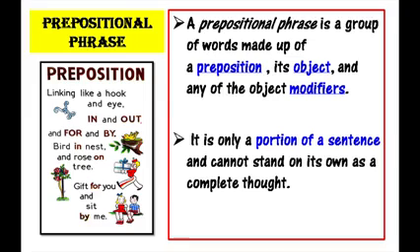So, a prepositional phrase is a group of words starting with a preposition. It often functions as a modifier describing nouns and verbs. It cannot stand alone, and a prepositional phrase won't contain the subject of a sentence.